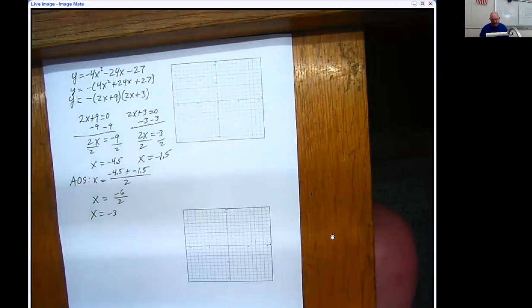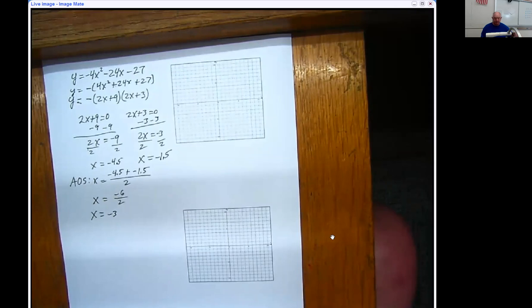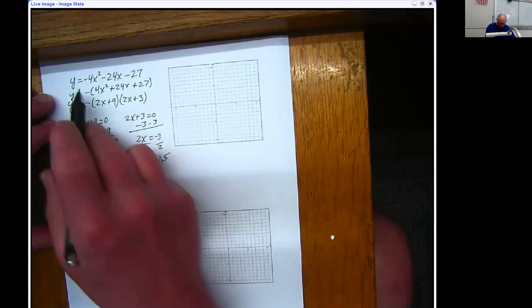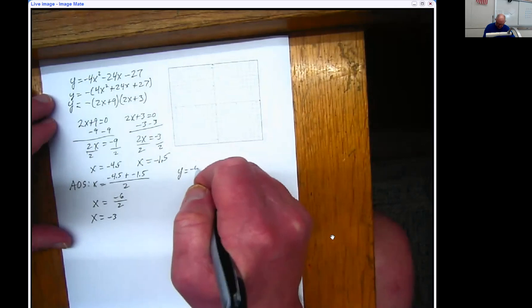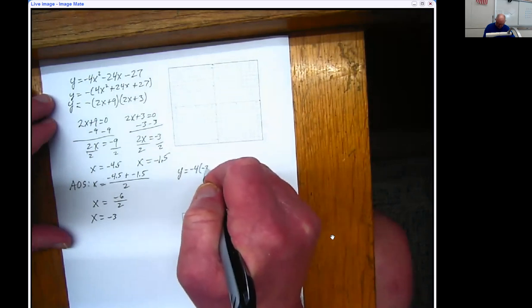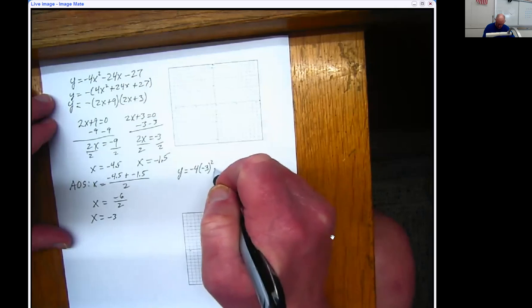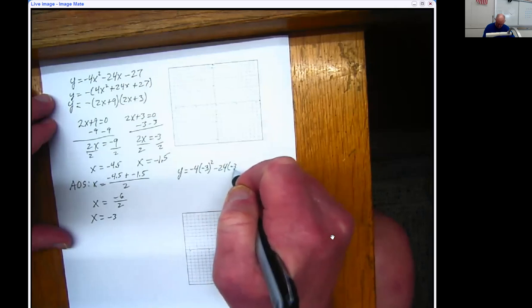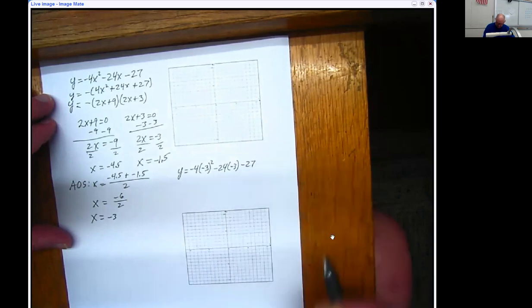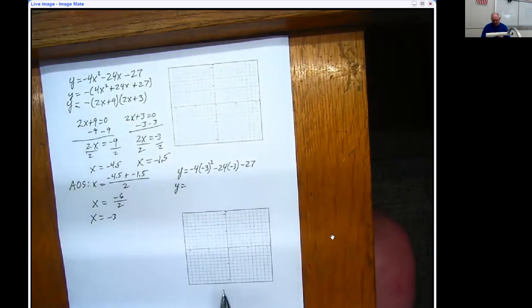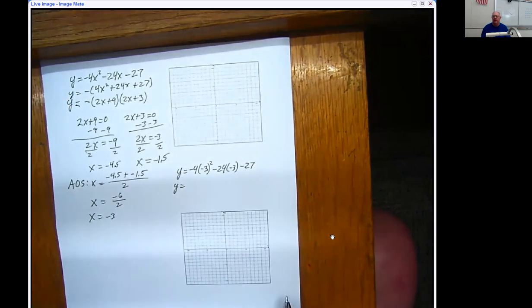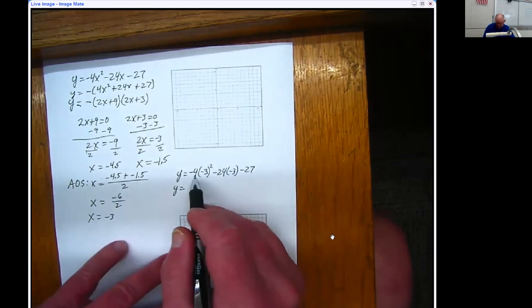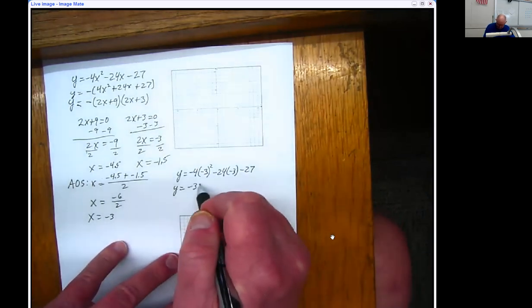Now, if I plug that back in to get the y value for the vertex, well, I think I'm just going to go ahead and plug it into the original. Okay, so I've got y equals -4 times -3 squared minus 24 times -3 minus 27. Now, when you evaluate this, remember that you square the -3 before you multiply by the -4. Okay, so that looks like 9 times -4, so -36.